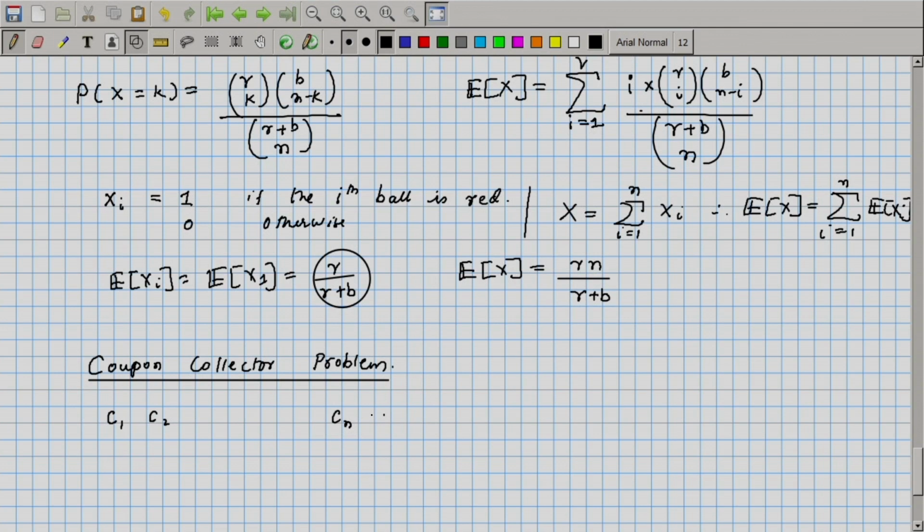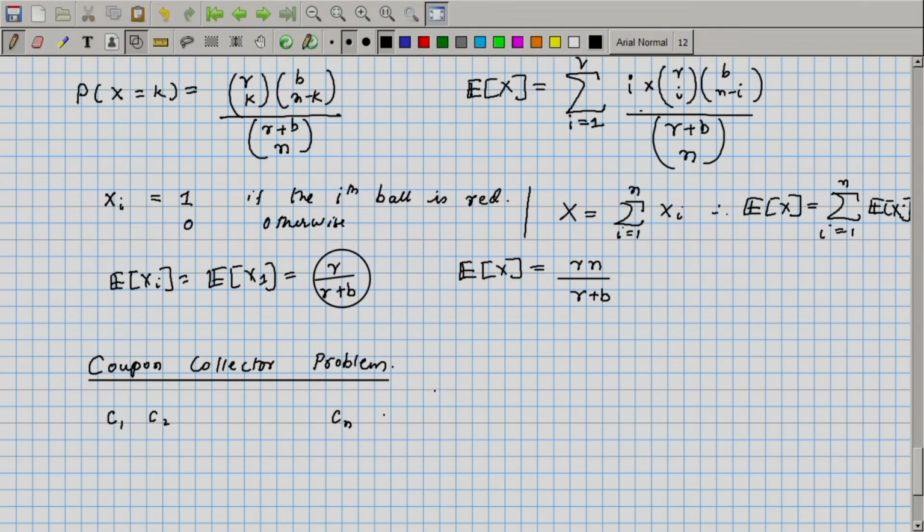Okay. What we are interested in is the expected amount of time that we will have to sample in order to get all possible coupons. Okay. So, we will just write down the requirements. Sample the coupons till all coupons are obtained.